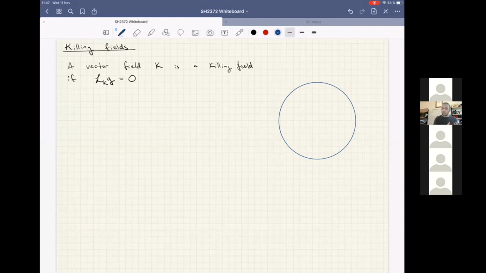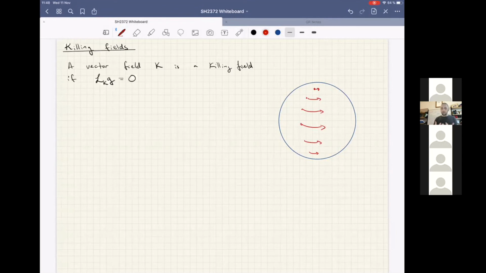It would induce exactly the same metric on the sphere if you make this rotation. I don't change the metric that I induced on this sphere.